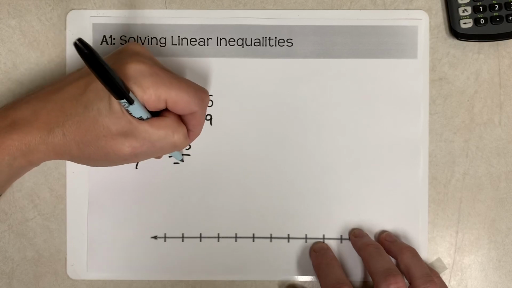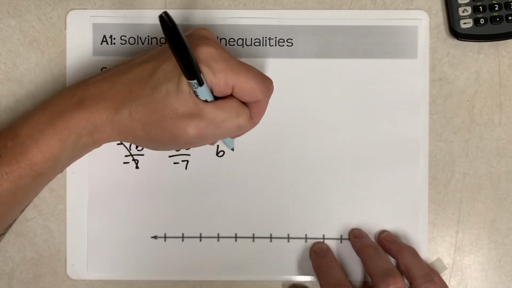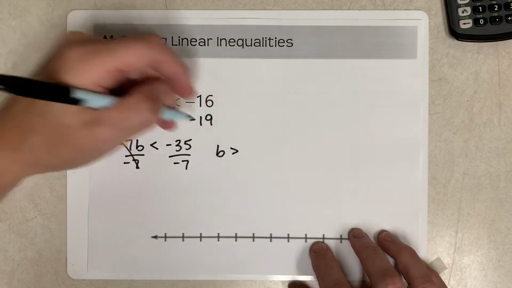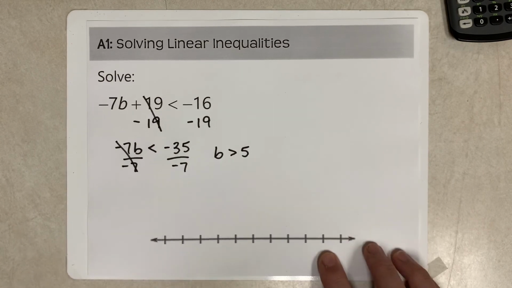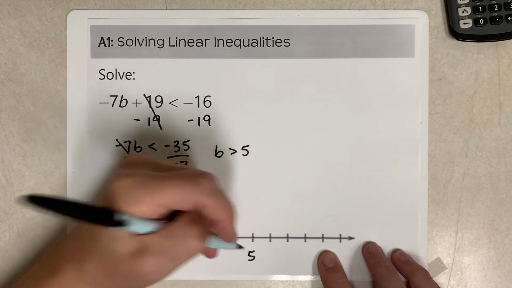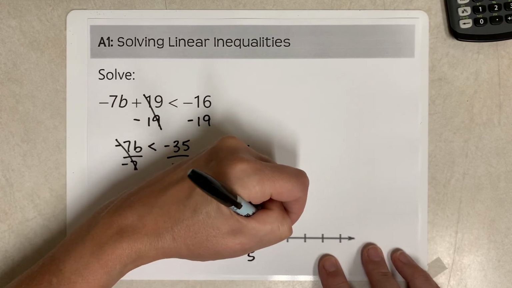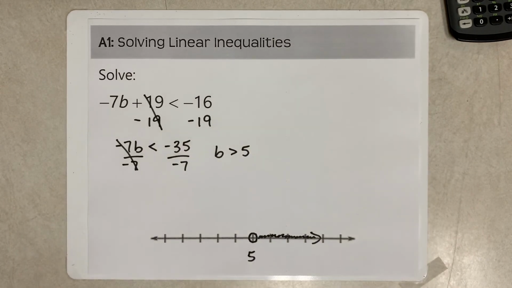So when I divide by this negative right here, now I have to flip the symbol. So b is greater than, and 35 divided by 7 is 5. So b greater than 5 is my solution set. And so I need a 5 right here, open circle, and it's going to the right. And just shade like that. And then that one's done.